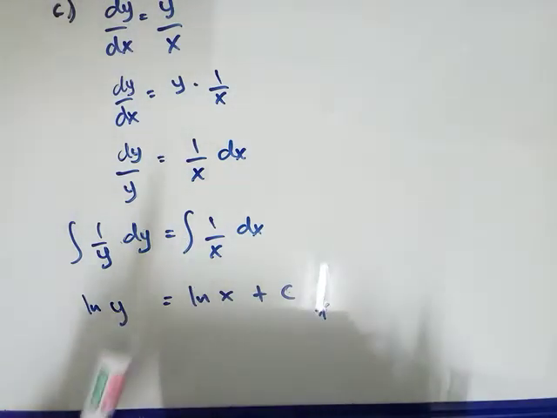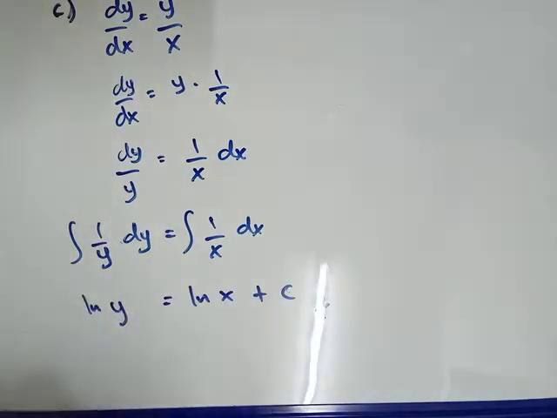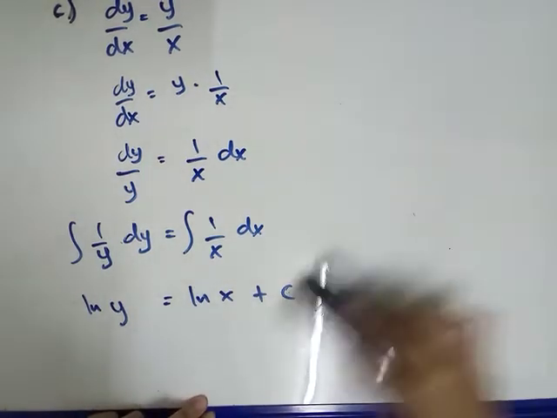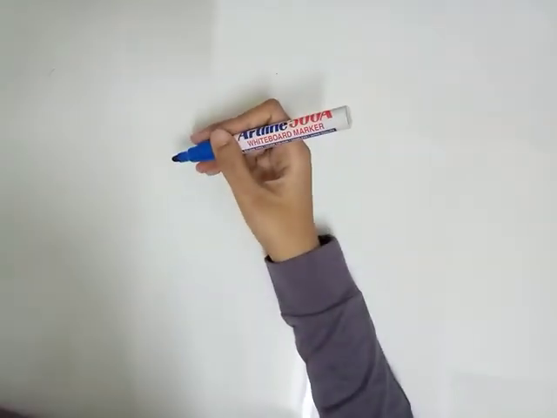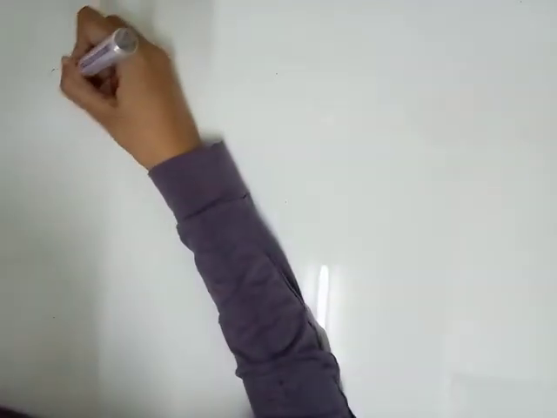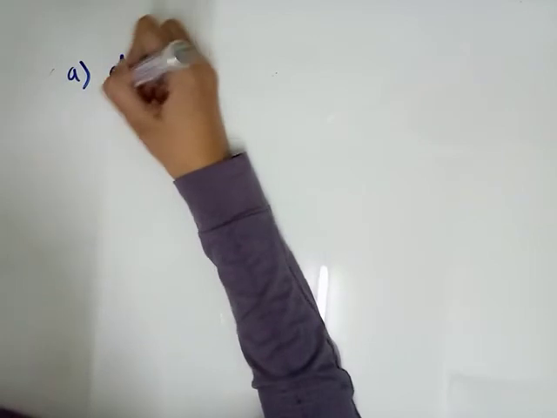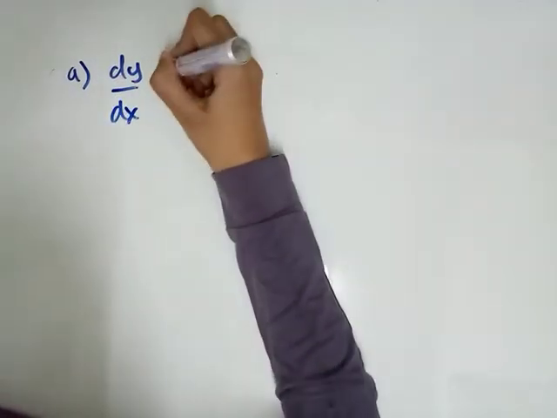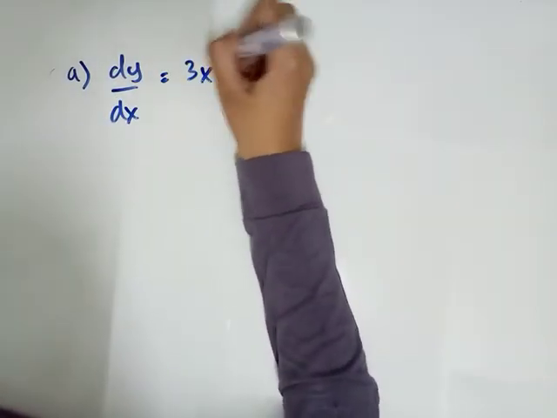Look at example 3.2. Look at A. dy over dx equals 3x squared y.